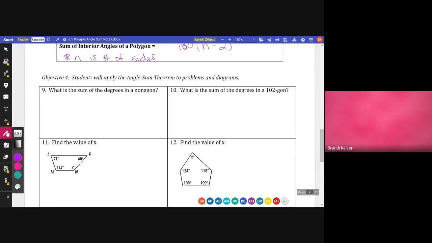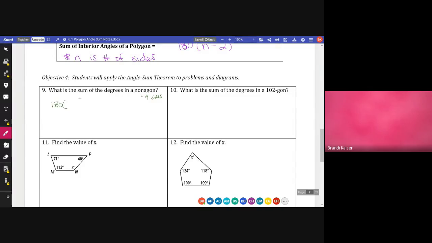So in number 9, it says, what's the sum of a nonagon? I know we didn't necessarily talk about nonagon, but nona means 9 sides. If you're ever not sure about one of those, you could always just Google it: how many sides does a nonagon have? If I want to find the total number of degrees on the inside, I could take 180, multiply it by n.